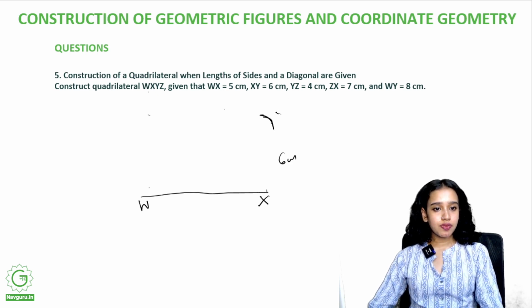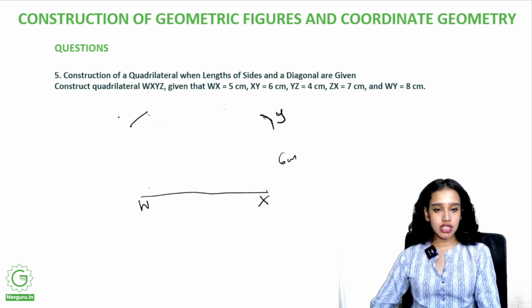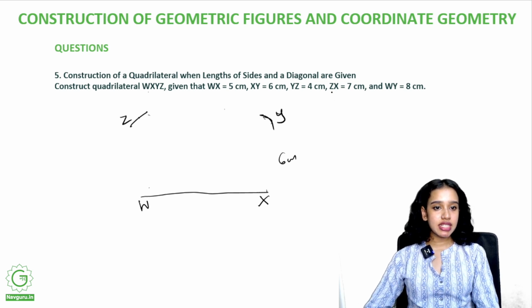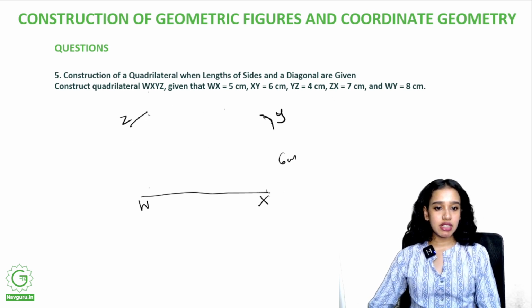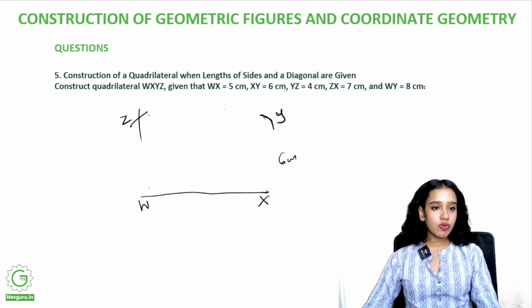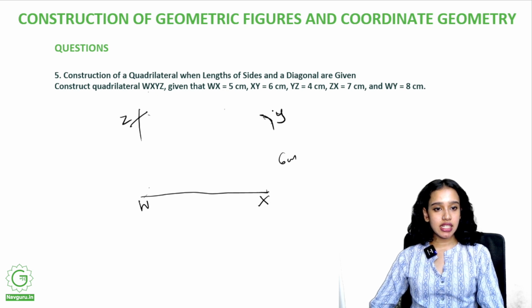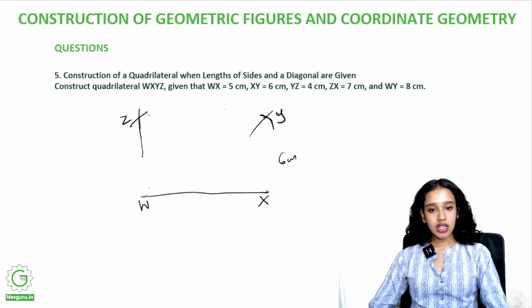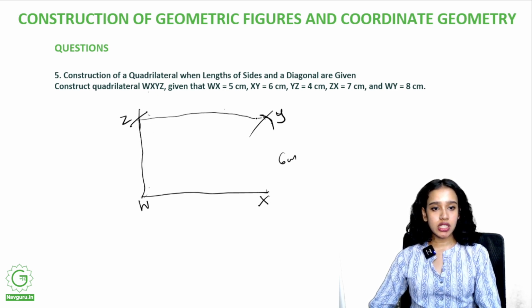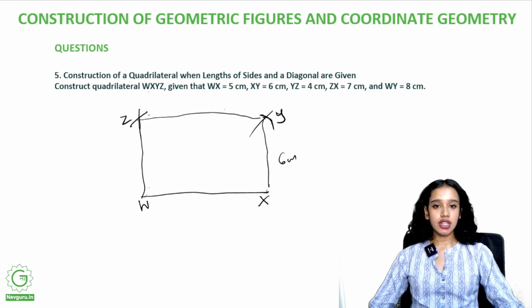Now, we have YZ, I'm marking 4 centimeter from Y, this is here, this is Z and this would be 4 centimeter. Now, we have ZX equal to 7 centimeter. We'll draw 7 centimeter from here and complete the arc, and WY is equal to 8 centimeter. We'll take 8 centimeter and complete the arc here. Now, we'll join all these 4 points and we'll get a quadrilateral, right?